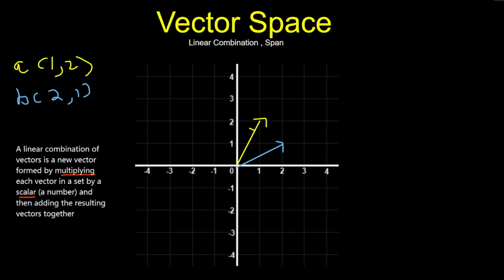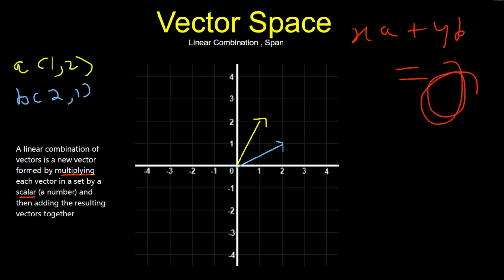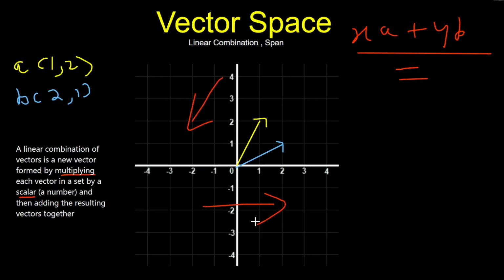So if we have these two vectors, the span is the set of all vectors we can get by linear combination, that is, by multiplying each vector by an arbitrary scalar and combining them together, and the set of all resultant vectors is this span. So if we think about it, we can get all possible vectors by linear combination of these two vectors. We can get this vector, we can get this vector, or any vector, we can get every vector from linear combinations of these two vectors.